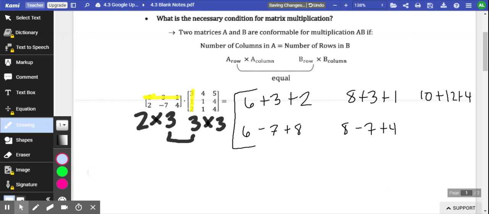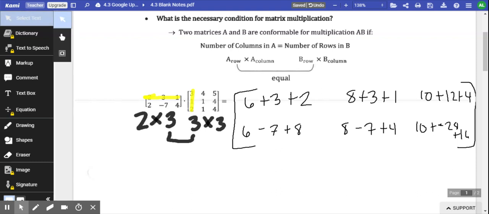And then we're going to do the last one. 2 times 5 is 10, and -7 times 4 is -28, it's a negative, and then we have 4 times 4 is 16. So that is your entire matrix when you multiply them together.